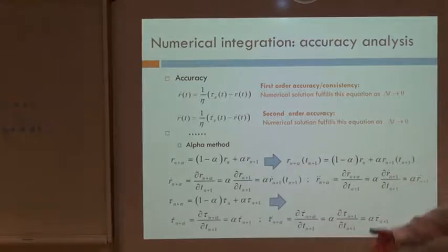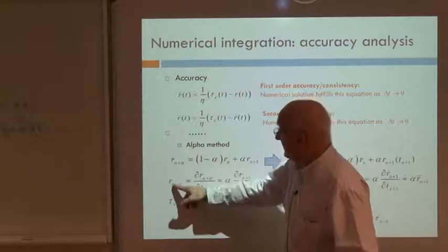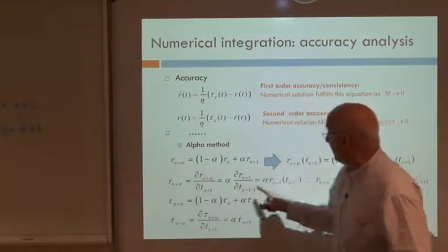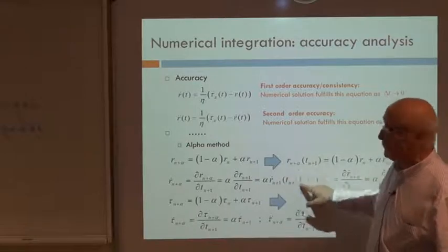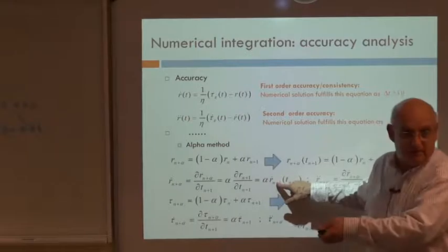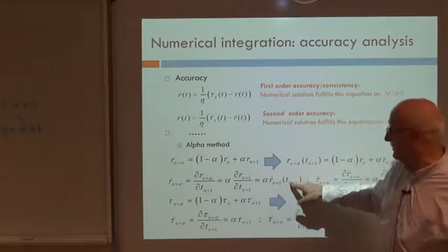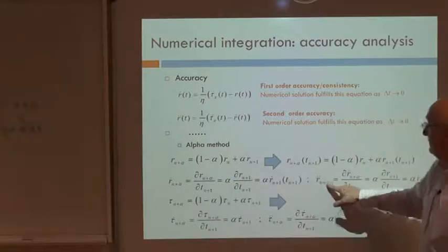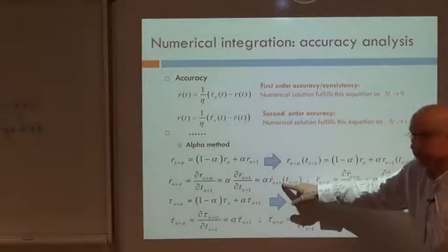And if I now take a second differentiation, for instance, I could go to infinity with that, but of course, r dot n plus alpha is a function of t through this derivative, because R n plus 1 depends on T n plus 1, and r dot n plus 1 depends on T n plus 1. So the second derivative will be alpha as a constant times the second derivative of that.